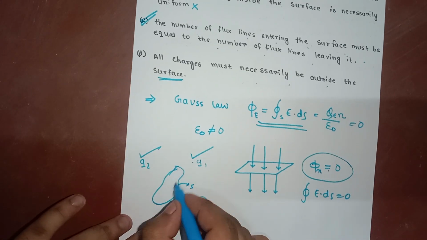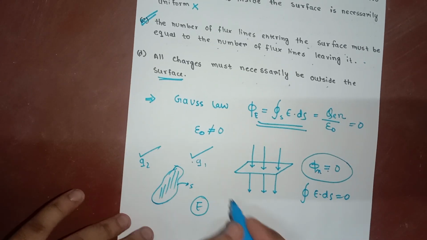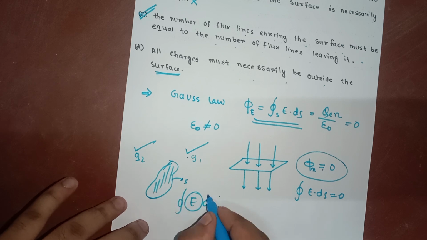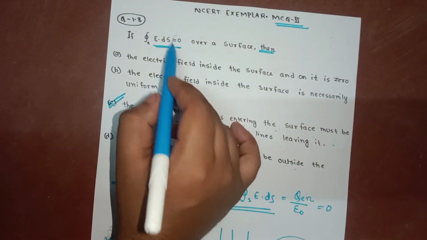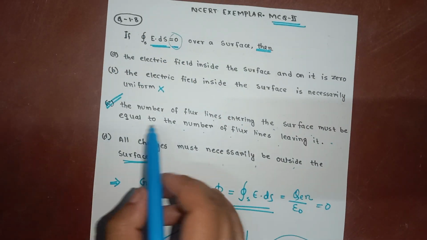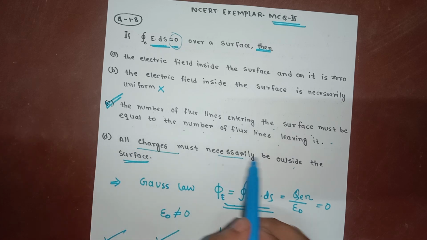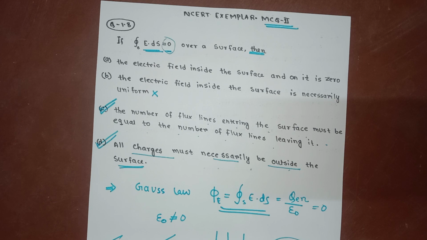But the charges must be present inside this, only then E dot ds could be positive or non-zero. That means if the value is coming 0, the charges must necessarily be outside the surface. This option is also going to be correct.